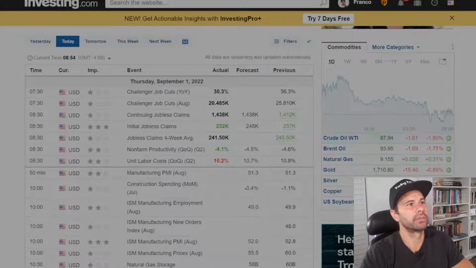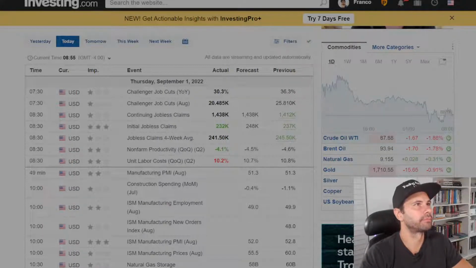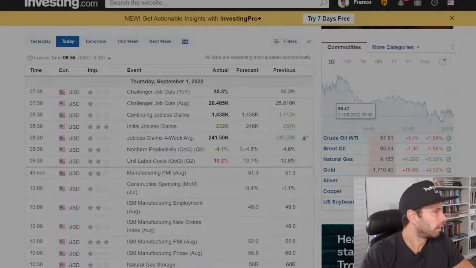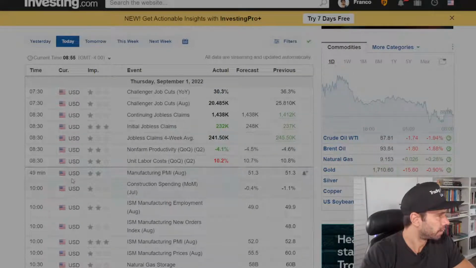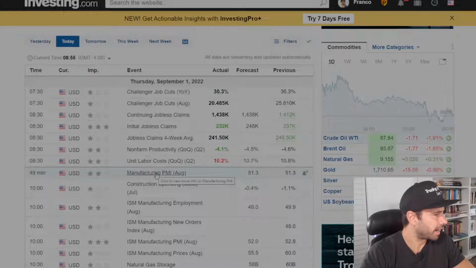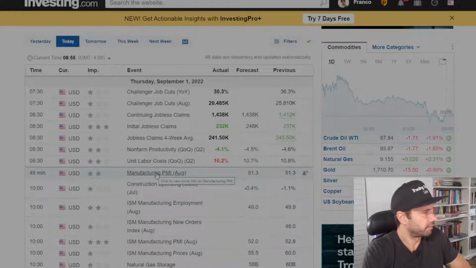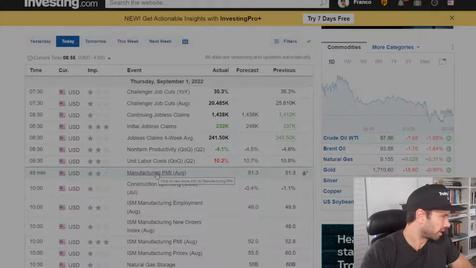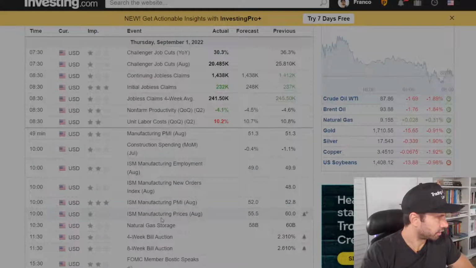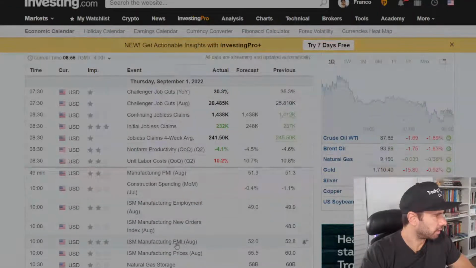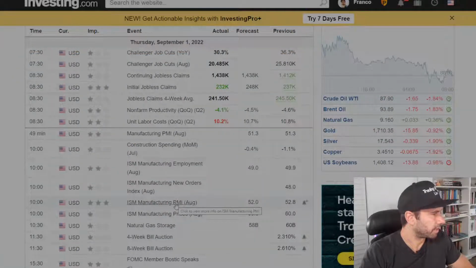The market has been sideways since Asia session. We came back and now we're holding right there. Then we have manufacturing PMI. That is going to be at 9:45. So that's not the one that I want to pay attention to, but I do have ISM manufacturing PMI at 10.